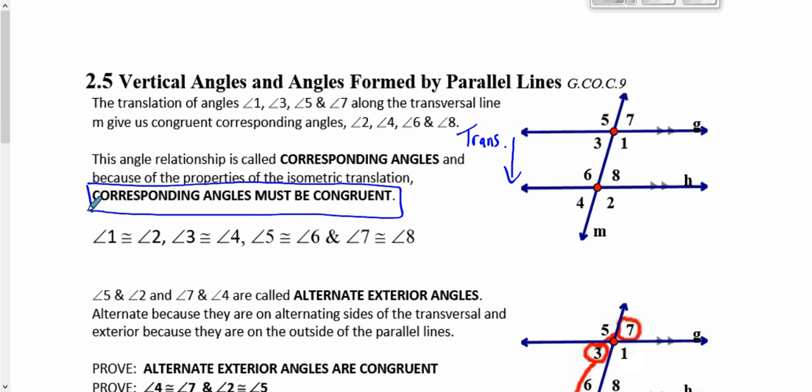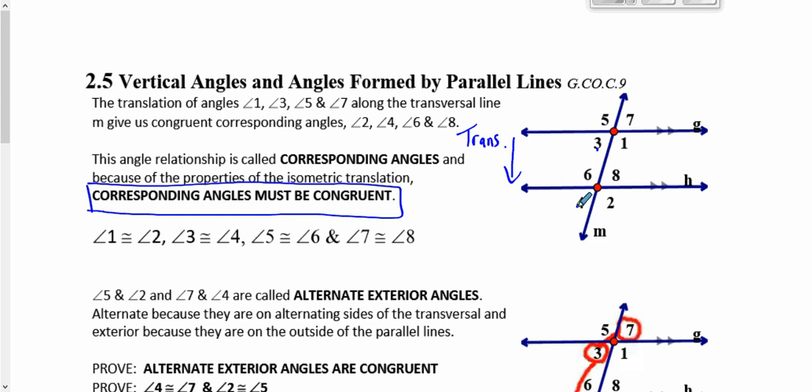Congruent. So, do you guys see if we translate this down, angle 3 will map onto what? 4. So angle 3 is congruent to angle 4. What will angle 1 map to? So those corresponding angles are congruent. How about 5? Right? And 7 goes with, so all those pairs are congruent to each other. So if the lines are parallel, the corresponding angles are congruent.